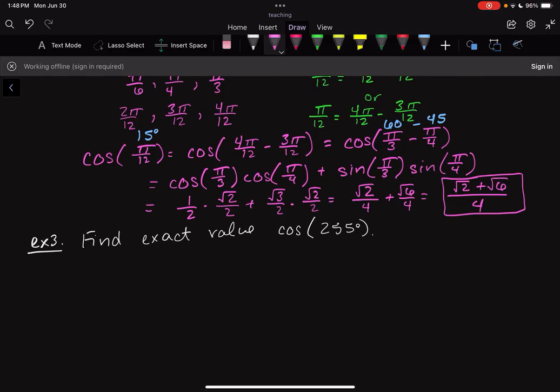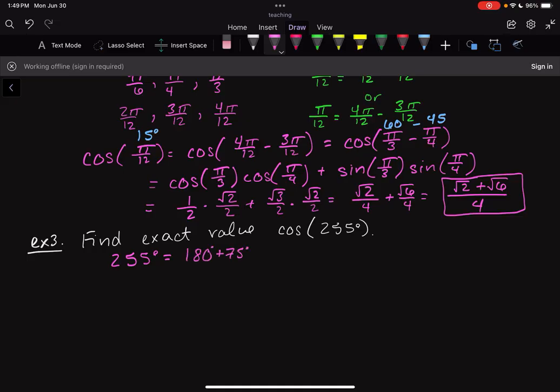So what I'm trying to find is two angles that add up to 255. I'm going to write one of the most common ones that I always get, which is 180 plus 75.